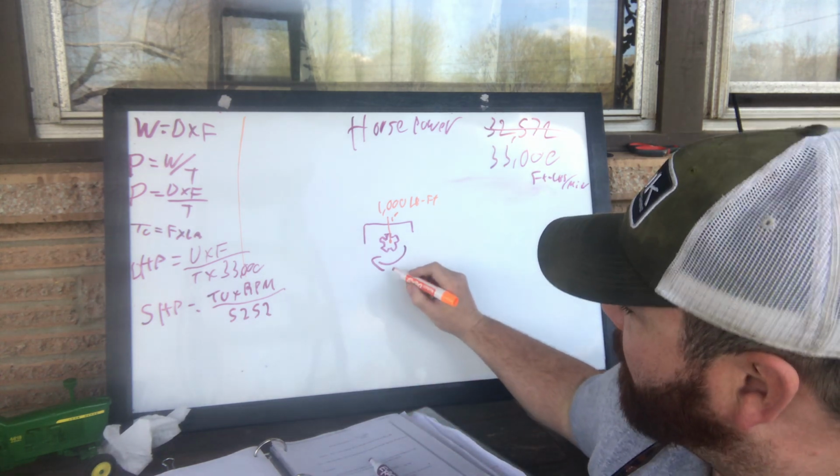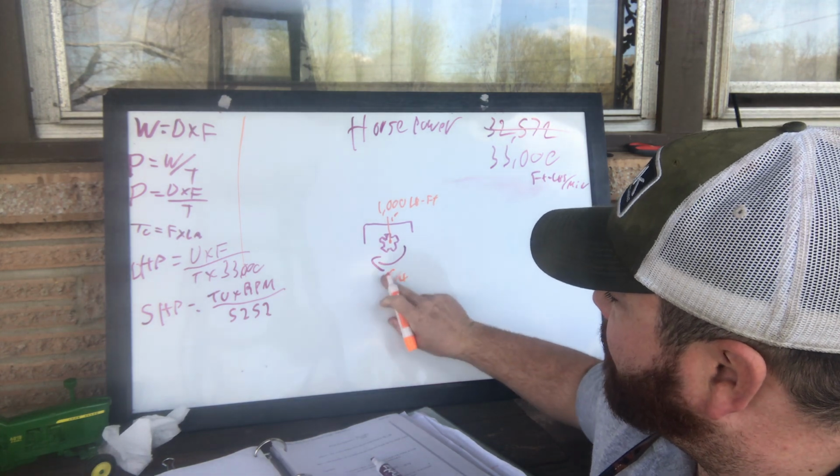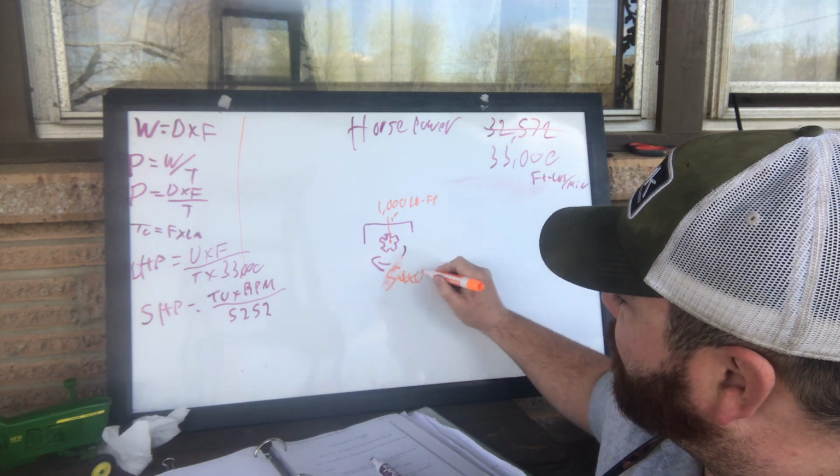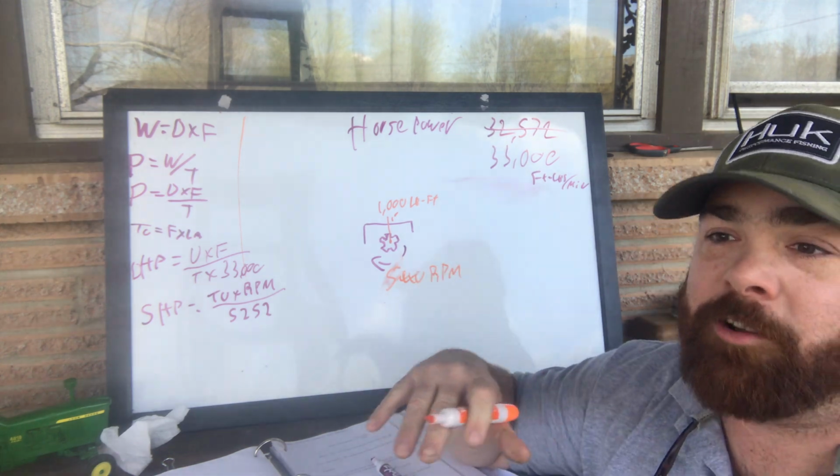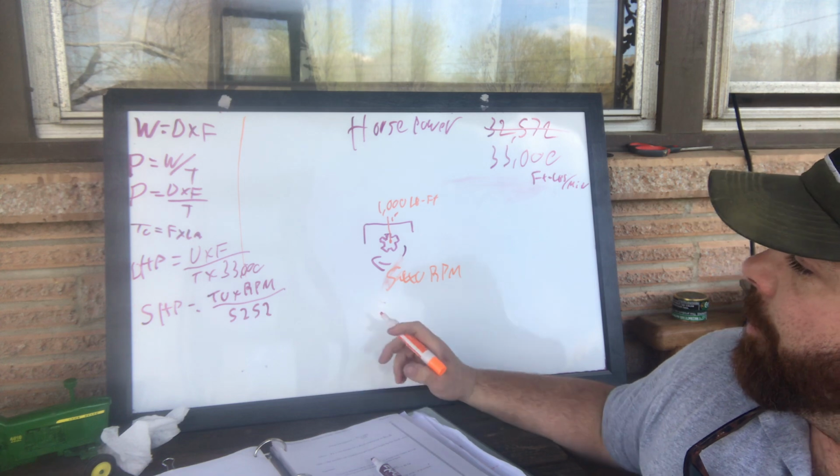I know some of you got it. 500, that's not a 5, 540 RPMs. Now it can go up, it can go down, but that's just kind of our standard.